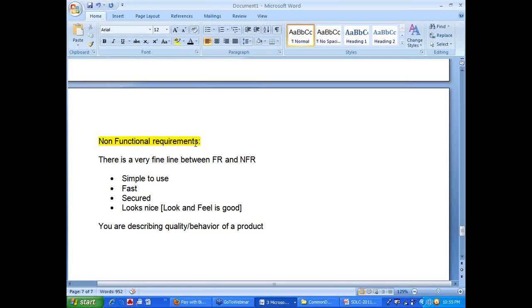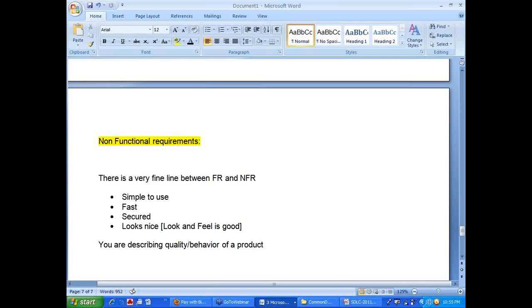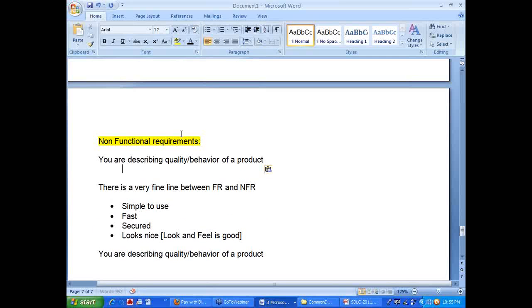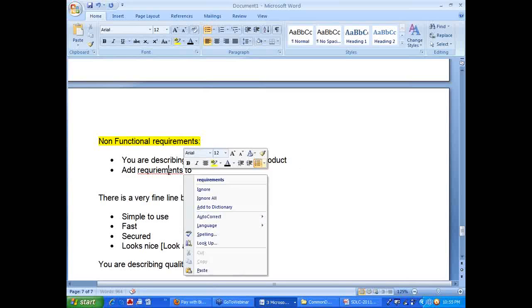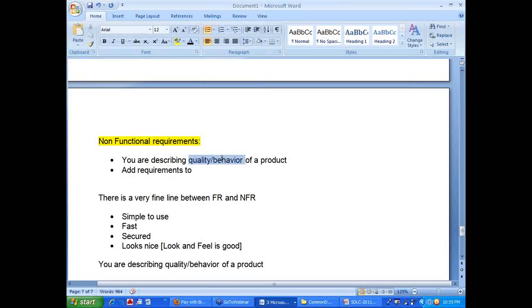So non-functional requirements, in my opinion, and again this is my opinion, I feel I'm close to being correct, but I'm also looking for improvements on my understanding. All these things, you add as requirements to enhance the quality or behavior of a product. You add requirements to make the website work faster.